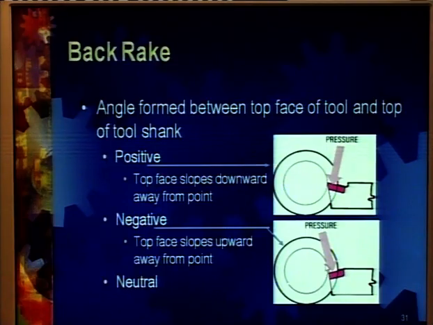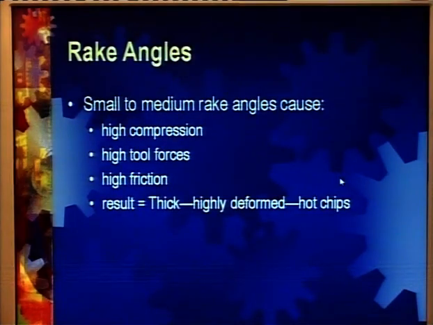In some cases it is kept 0, and it is then said to be neutral, and the direction of force in that case will be vertically downwards, and in that case also the threat of breaking away of the tool tip because of excessive pressure is very negligible. A small to medium rake angle causes high compression, high tool forces, high friction and results in thick, highly deformed, hot chips.